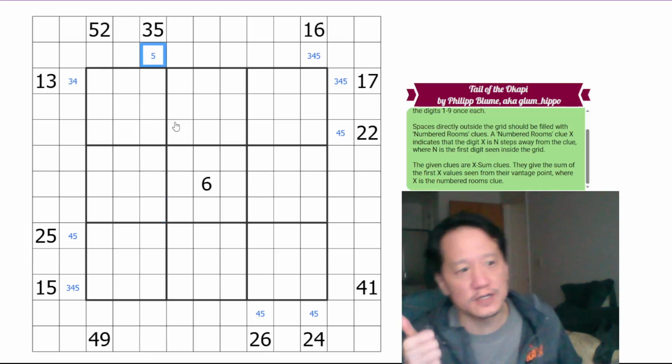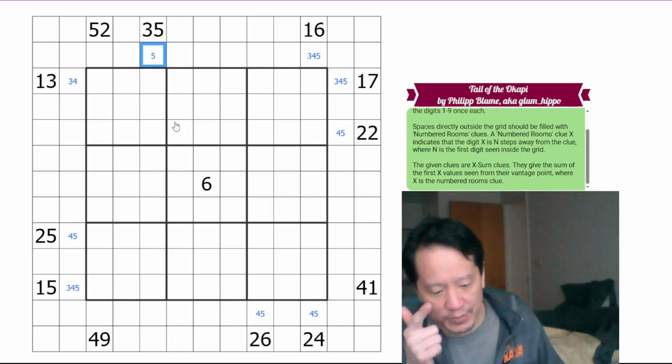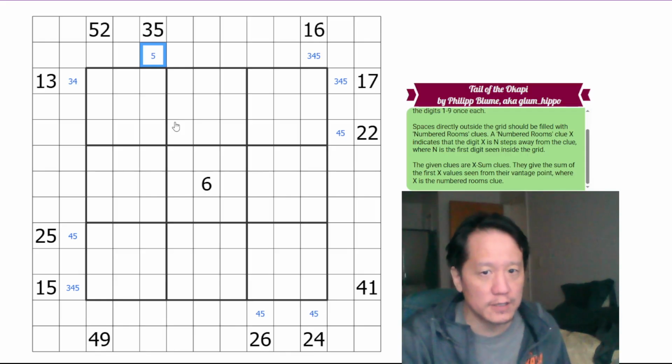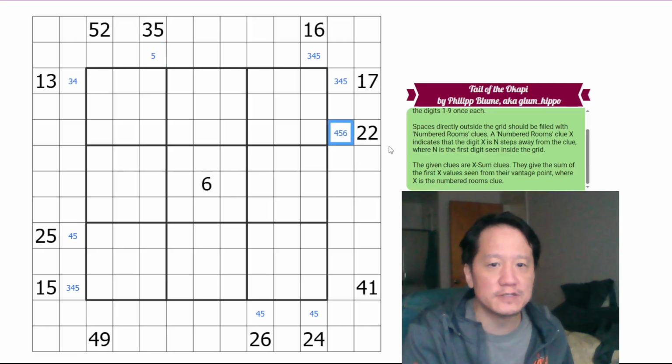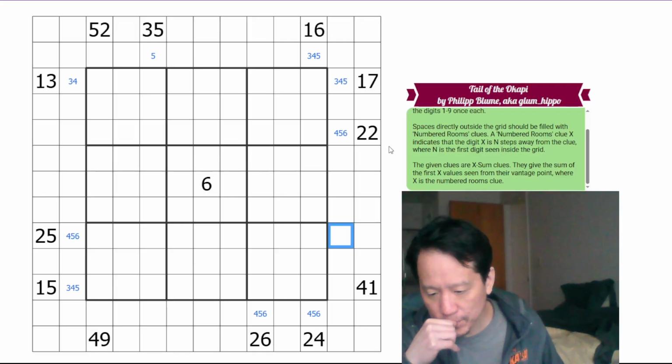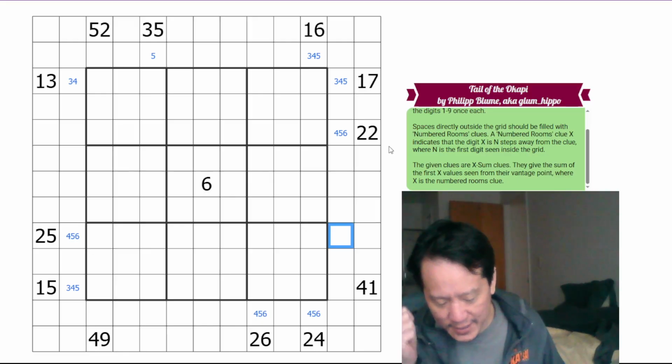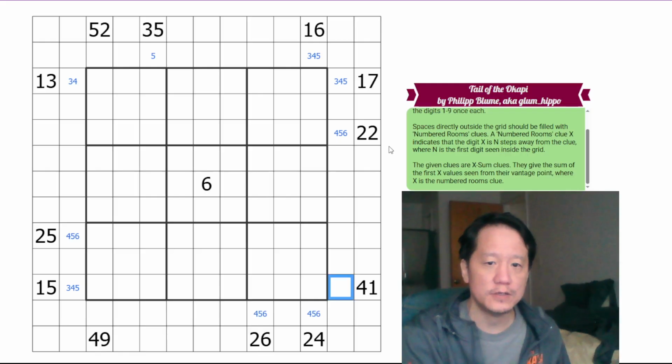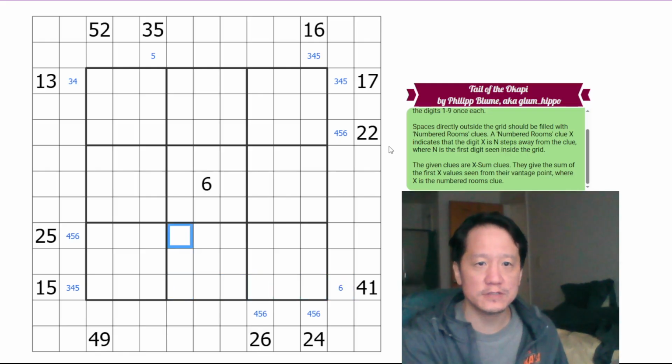For 6, the minimum amount becomes 21. So this could be 6, 6, 6, and 6. And the maximum amount for 6 could be 6 plus 5, 6, 7, 8, 9, which is 41. So that means this could be 6.